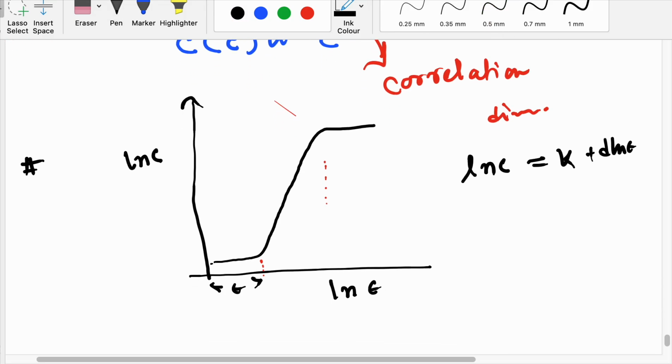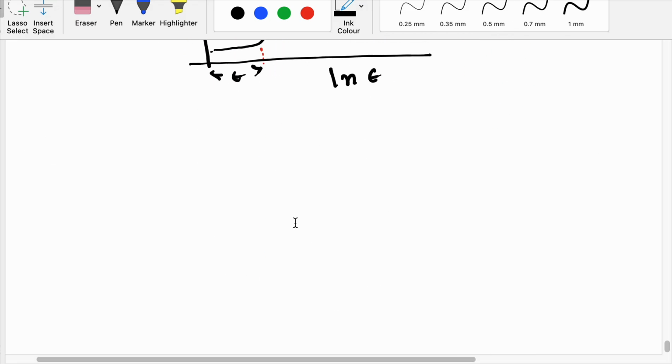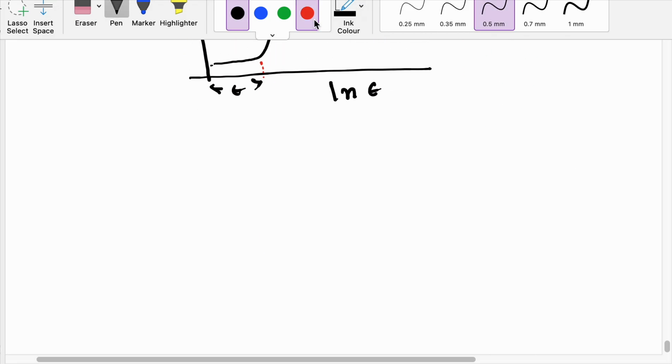Now let us calculate the exact correlation dimension using a computer, for the logistic map. So let me write the question here.